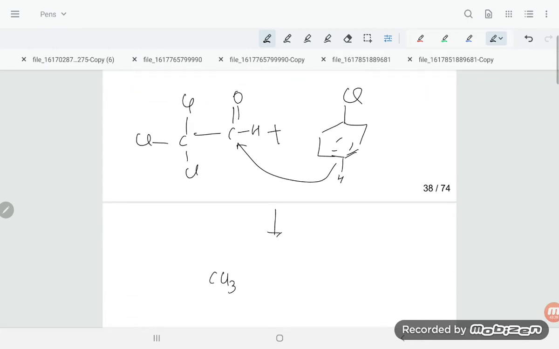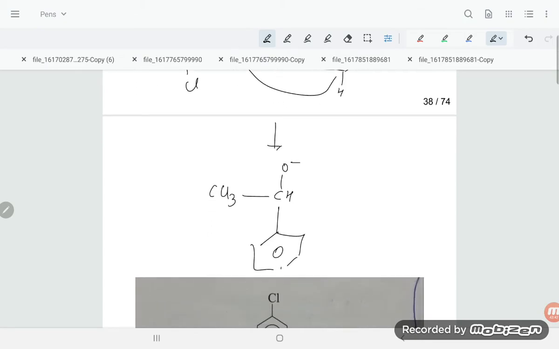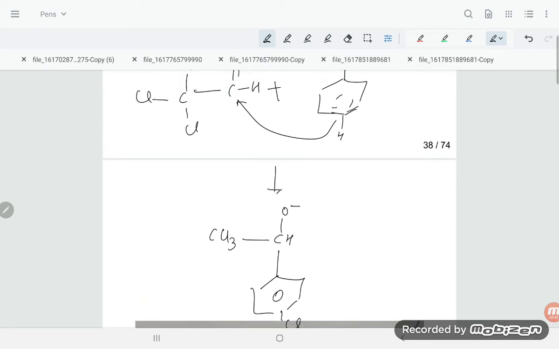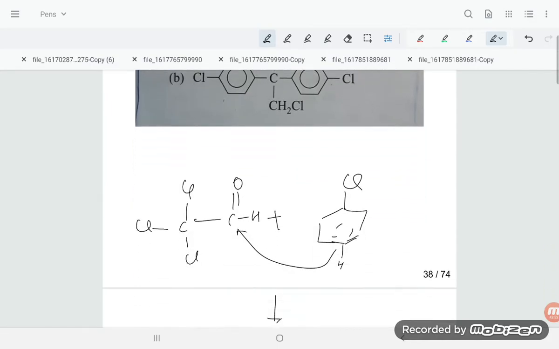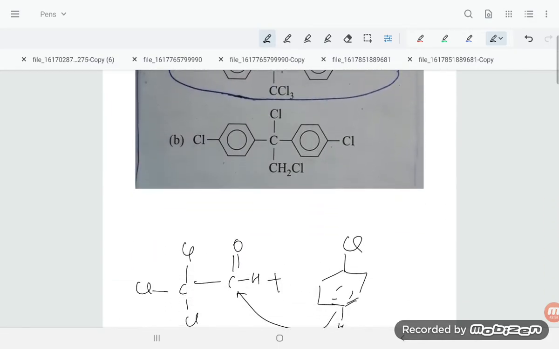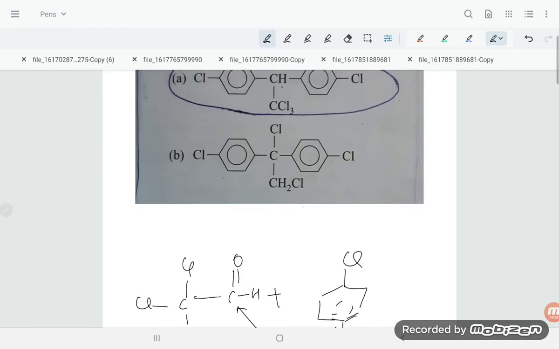It will be CCl3, and C here will be O, O negative, and here it will be H. And here again this compound will have Cl. And if you treat this compound again with one more molecule of benzene, because we have to replace the water molecule.